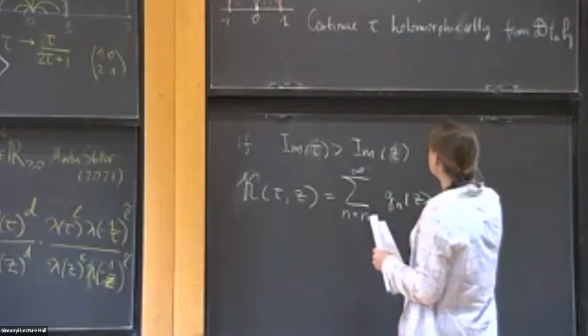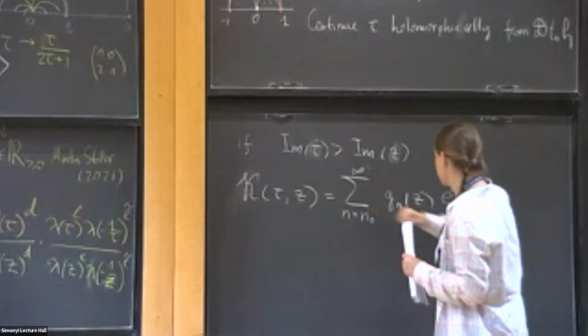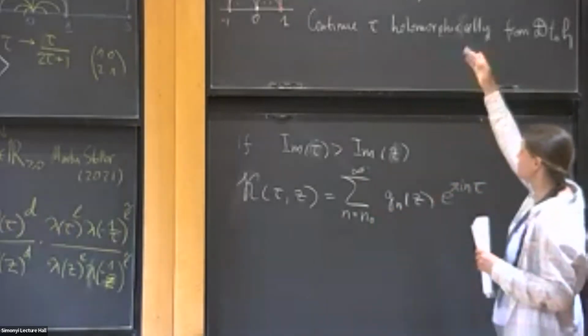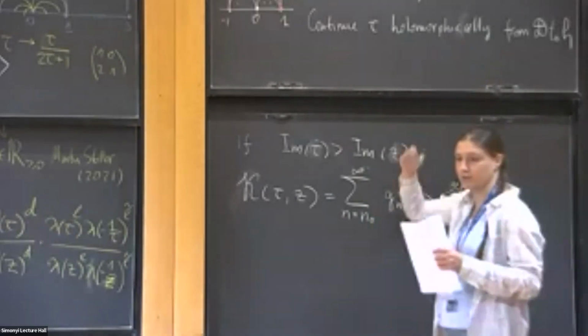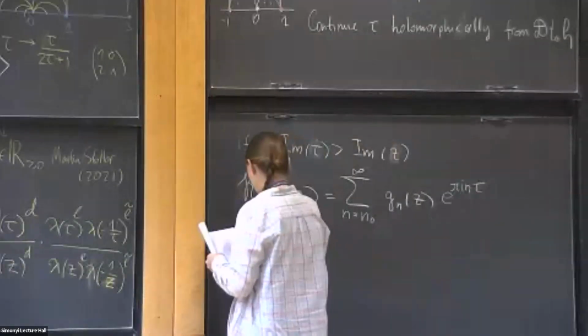And now what we do, we can just substitute this expansion into our formula for f and formally compute what Bn is.